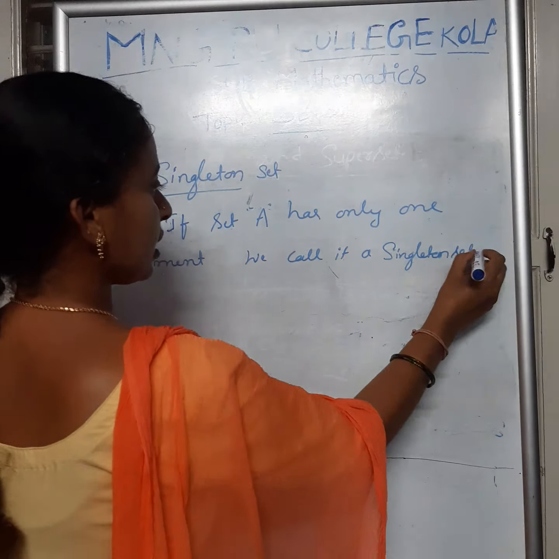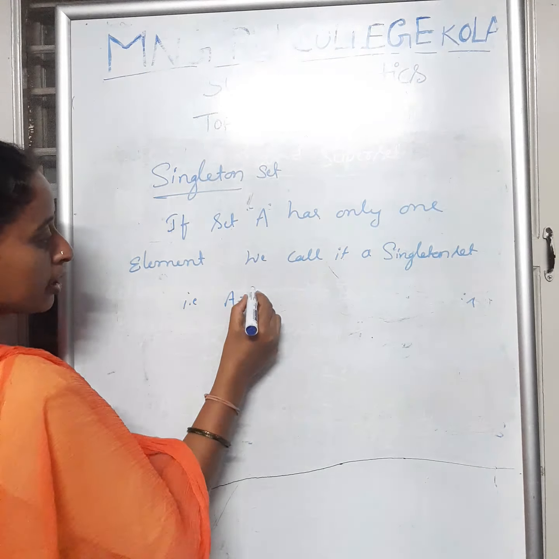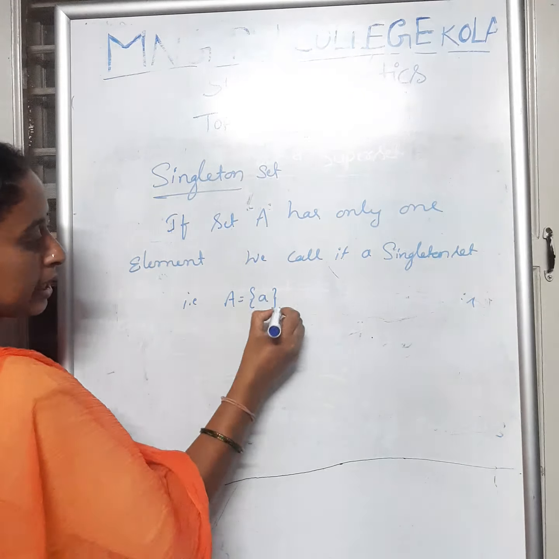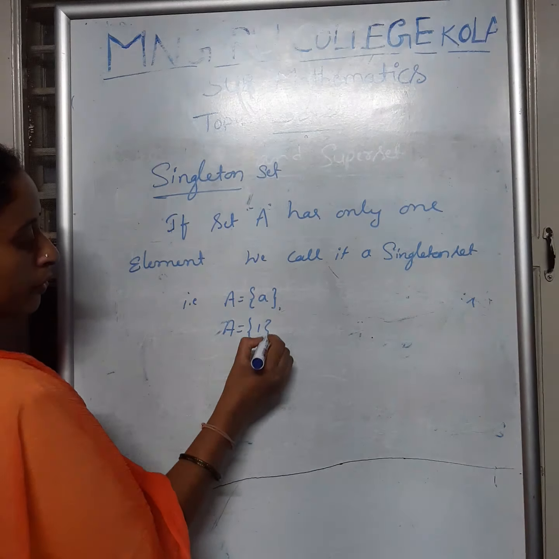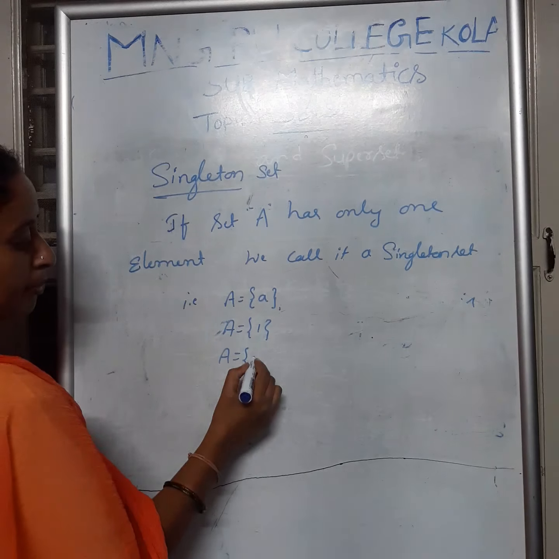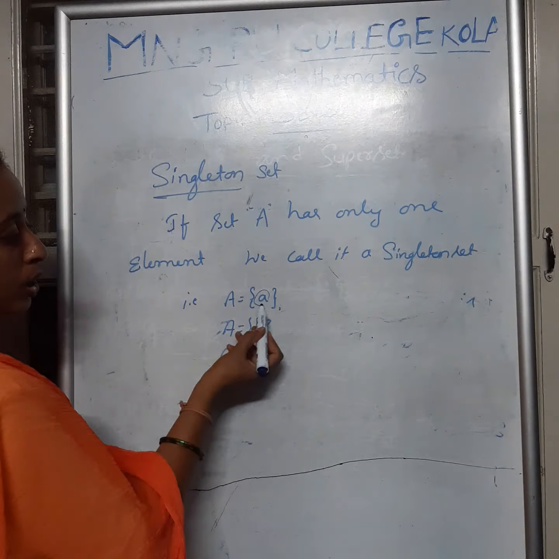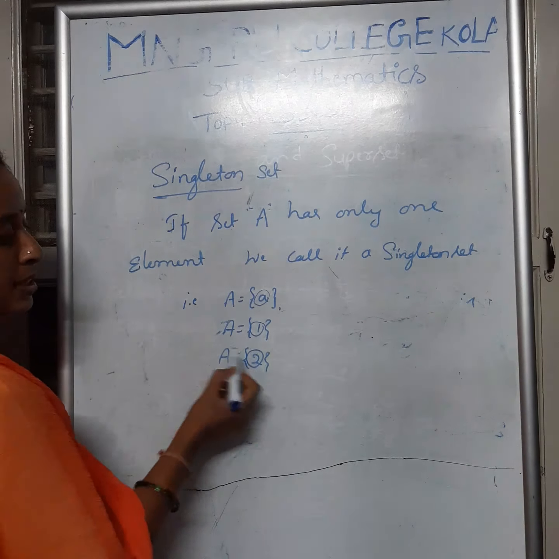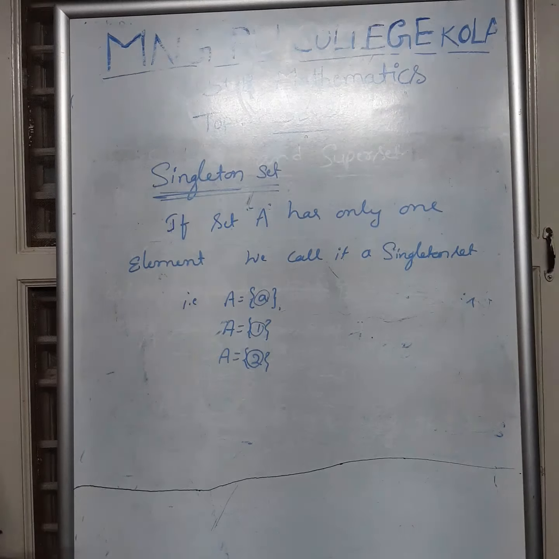That is, if set A equals only a single element, only one element, like that. If the set contains only one element, that is called a singleton set. Understood now?